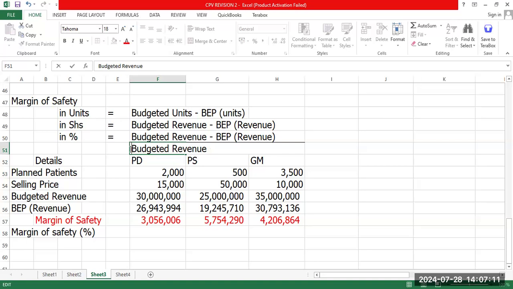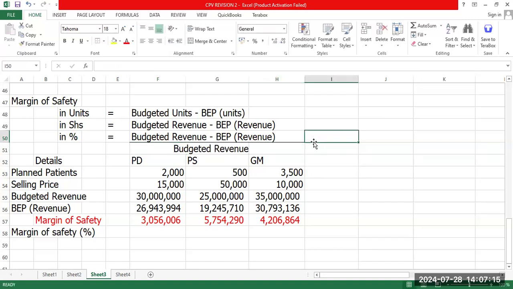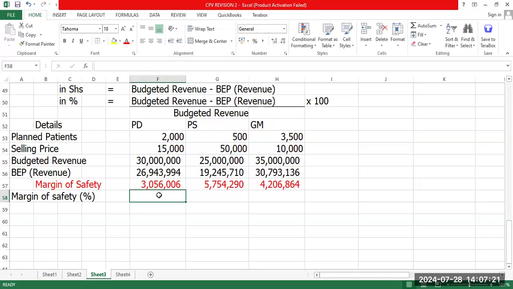Then multiply by 100. So what do you get? We get this figure. Already this is our margin of safety in shillings. We divide by the budgeted revenue. That is the percentage I have.